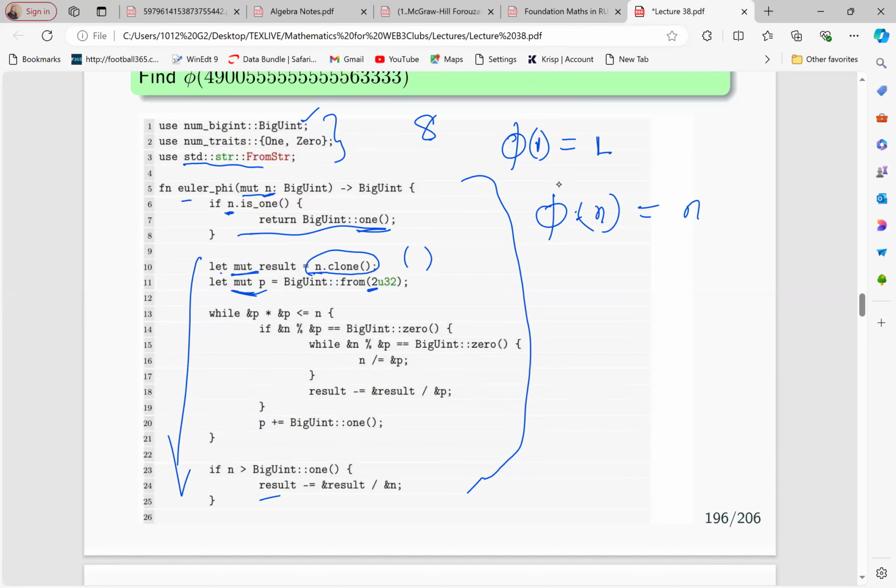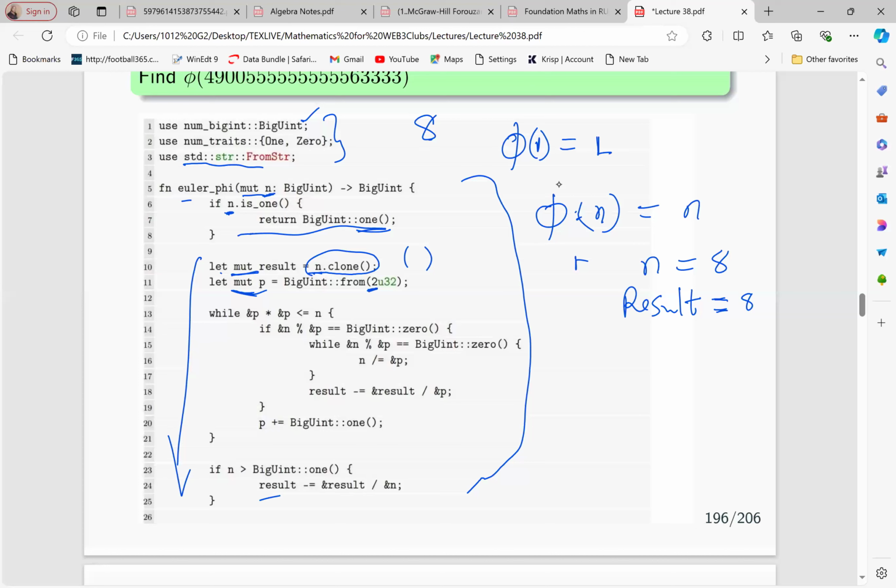Let me assume, for instance, our n is 8. So our result, therefore, for the Euler phi of 8 is mutable, but we initialize it at 8.